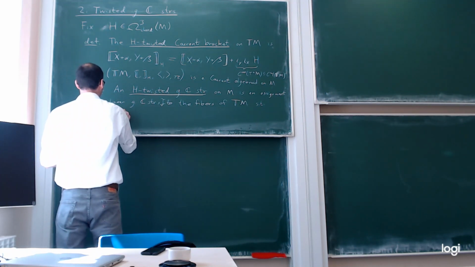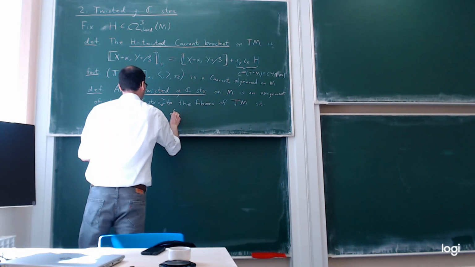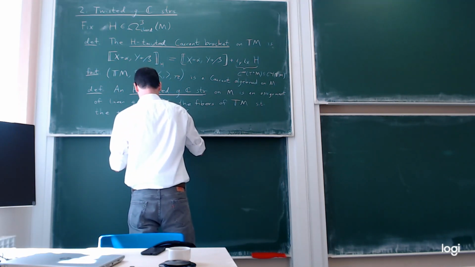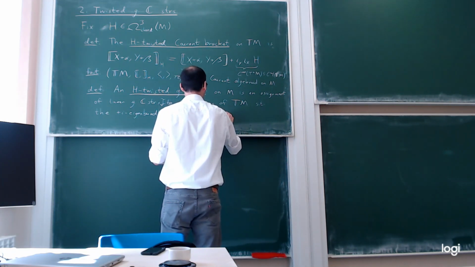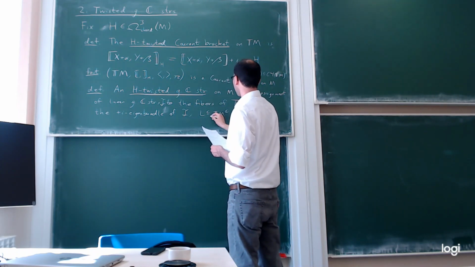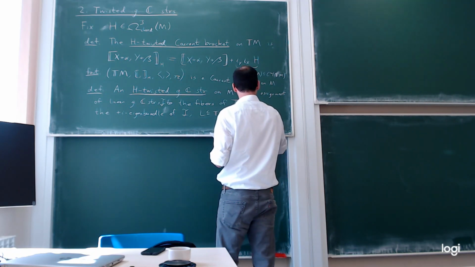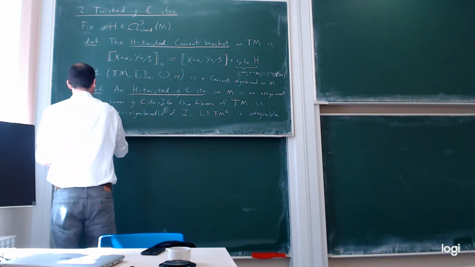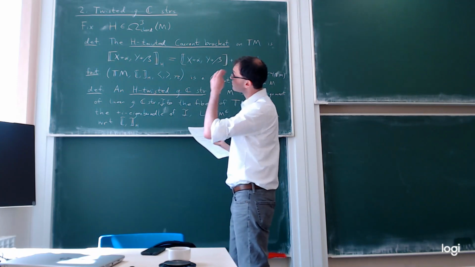So such that the plus i eigenbundle of J, let's call it L, which lies in the complexification of the extended tangent bundle, is integrable with respect to the H-twisted Courant bracket. And that's it.